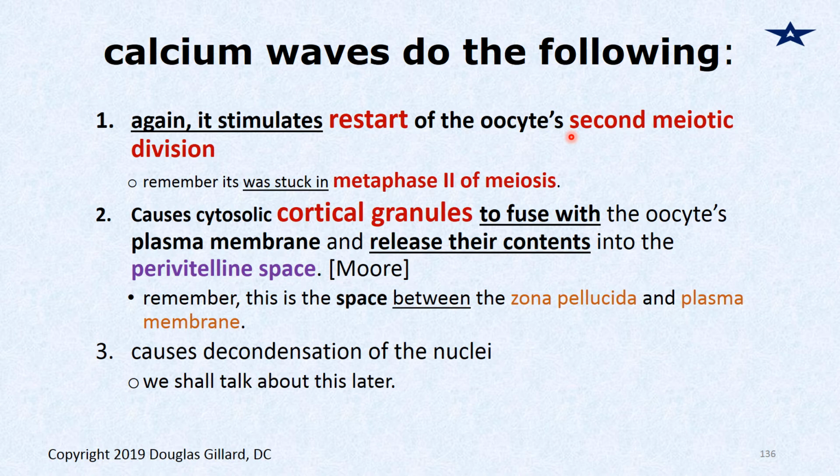It also causes, here's the cortical granules, these cortical granules to fuse with the oocyte's plasma membrane, and they release their stuff into the perivitelline space, right? And that was the space between the zona pellucida and plasma membrane. This also causes a decondensation of the nucleus.